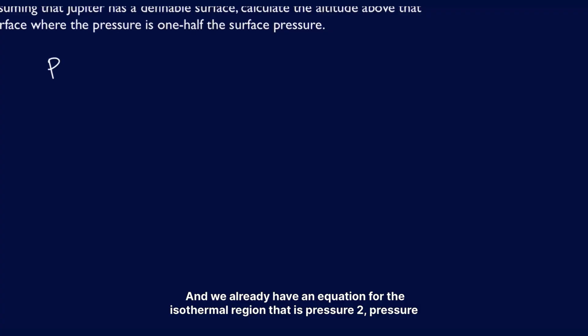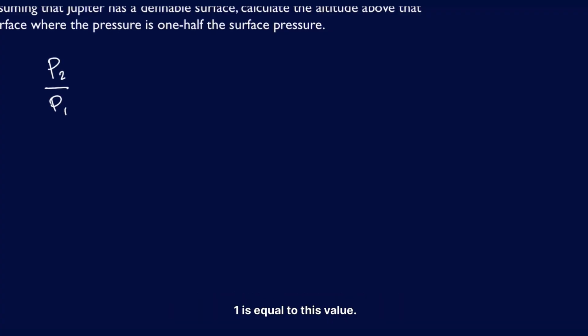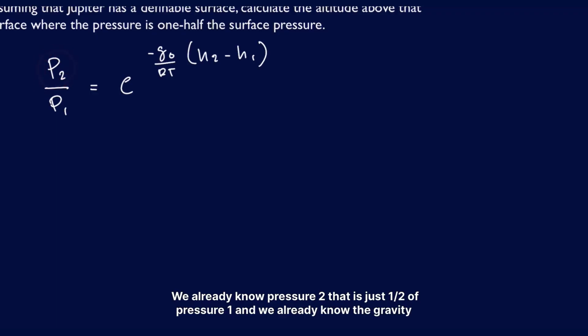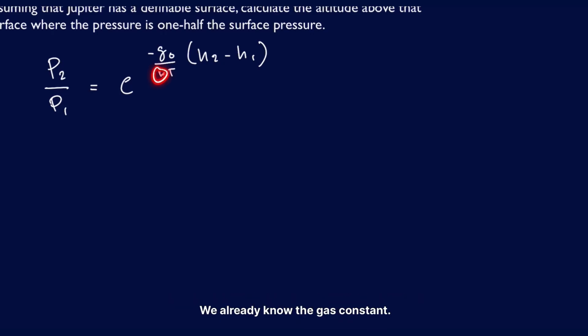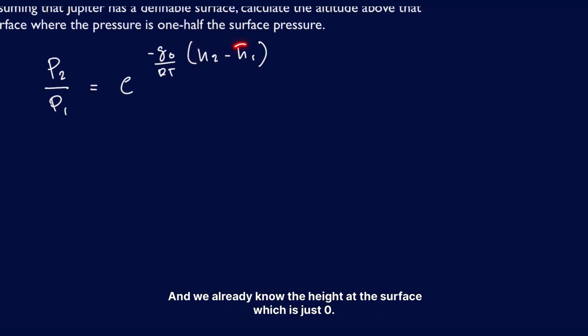That is pressure 2 over pressure 1 is equal to this value. We already know pressure 2, that's just 1/2 of pressure 1. We already know the gravity of Jupiter, assuming that it does not change, it's a constant value. We already know the gas constant. We already know the temperature. We're looking for that height, and we already know the height at the surface, which is just 0.